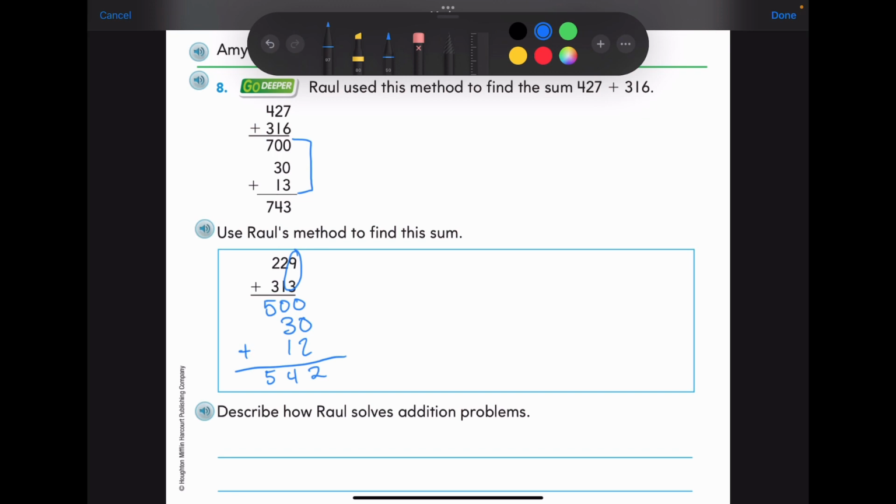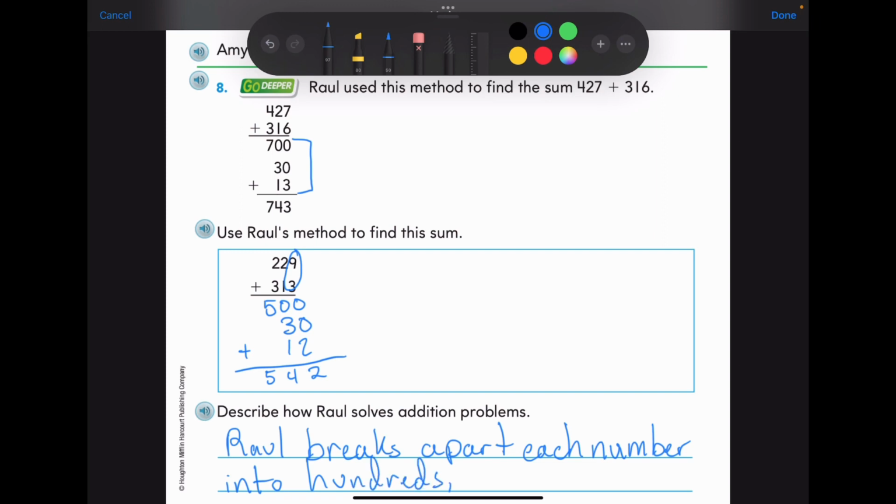So it says, describe how Raul solves addition problems. I'm going to say that Raul breaks apart each number into hundreds, tens, and ones.